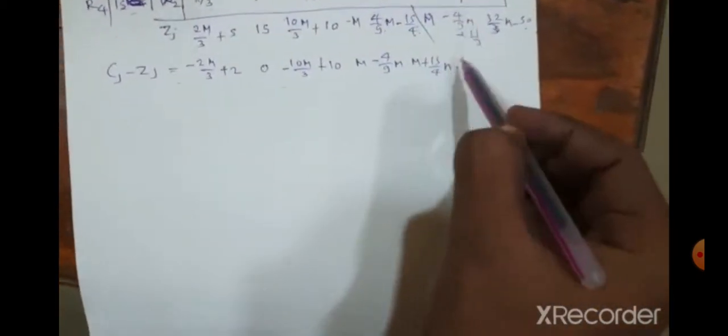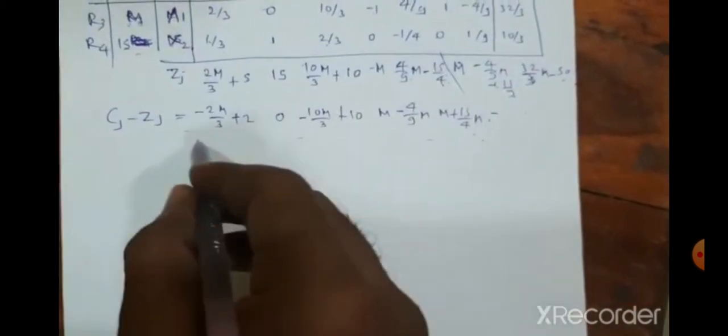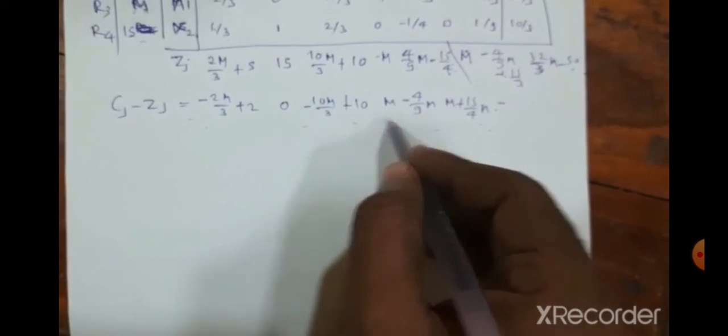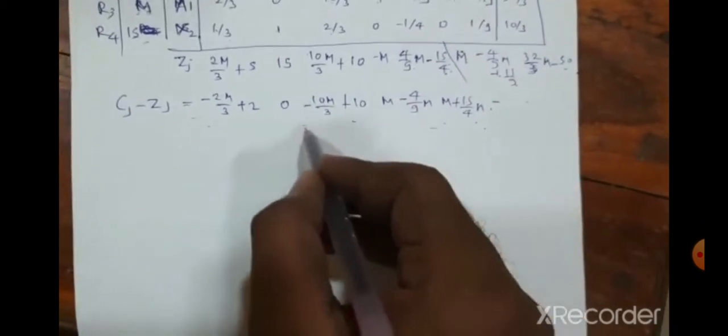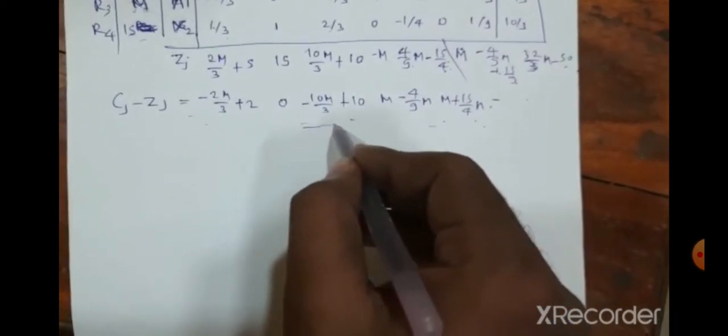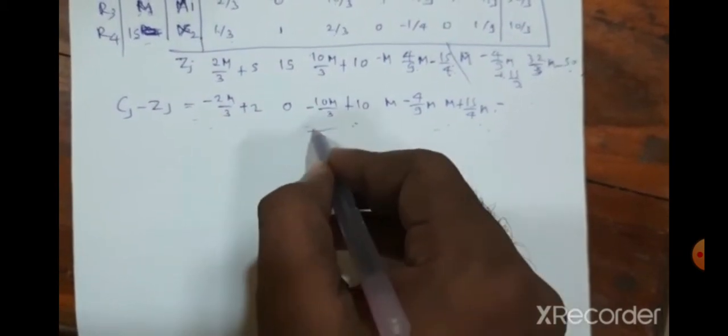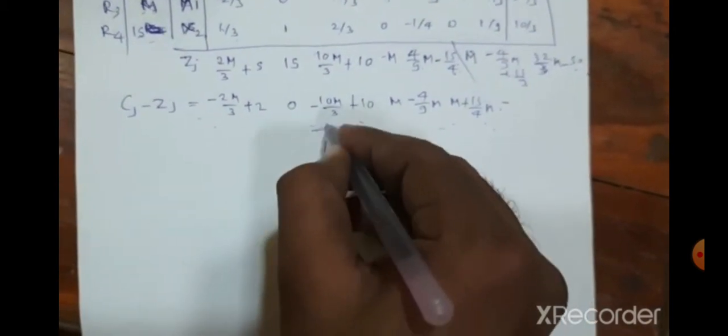If you see Cj minus Zj, negative values are there: minus 2M, minus 10M, minus 4 by 9M. These M values are negative, and the highest negative M value is 10M.